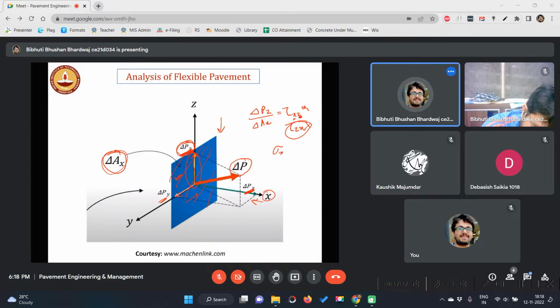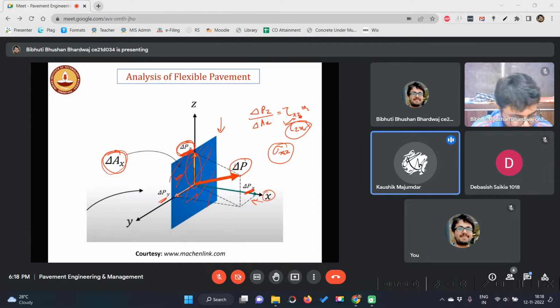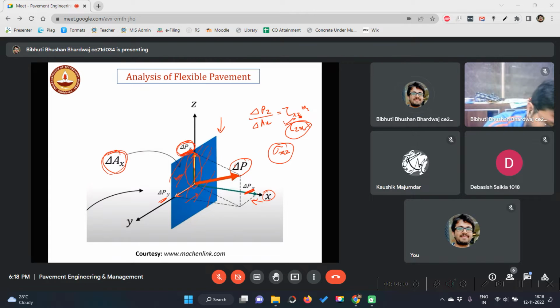And why xz? Why tau xz, not sigma xz? Can you tell me? Because the force is along the surface direction, it is not perpendicular. Very good. Now, Devasis, can you tell me what will be delta Px divided by delta Ax?